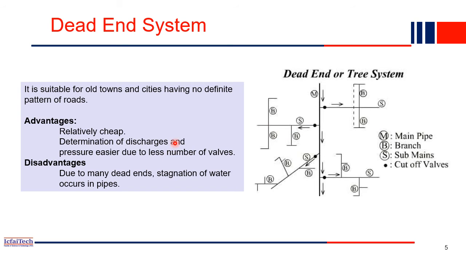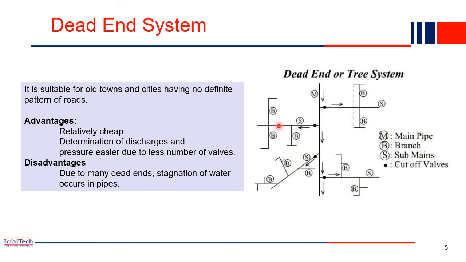Determination of discharge, like how much water is going in each pipe, also can be observed. The pressure is easier to maintain due to less number of valves. So here valves will be less. Why do we provide valves? Cutoff valves are used if you want to restrict the water from flowing to a pipe. For example, if some leakage happened here or somewhere here, immediately they will close this valve, so that no water will go here.